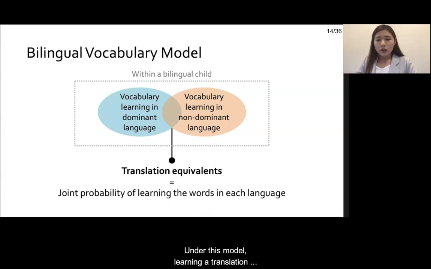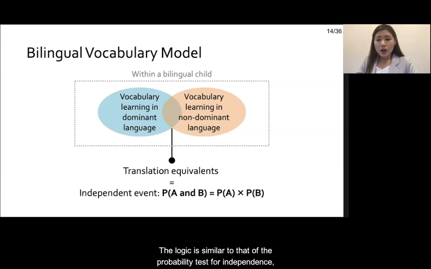Under this model, learning a translation equivalent pair can be described as the joint probability of learning each of the words in the pair. The logic is similar to that of the probability test for independence, where the independence of 2 events is tested as the probability of their intersection computed by multiplying the probability of each individual event.